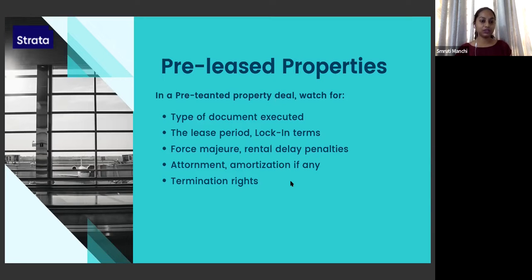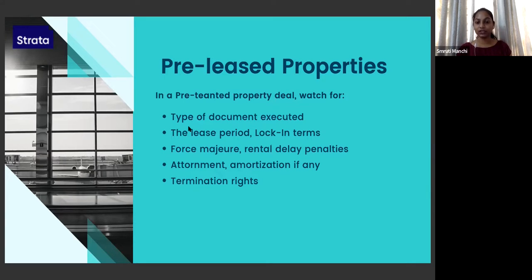In a force majeure situation, you should look at what the tenant can do, what their rights are, whether there is a rental holiday, whether they have a termination right, how long you have to fix the issue. Say, for example, if the force majeure is some sort of issue with the property that makes the property uninhabitable, in that case you would have to look at what your force majeure timings would be.